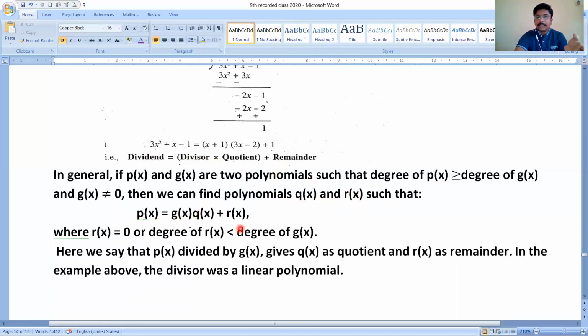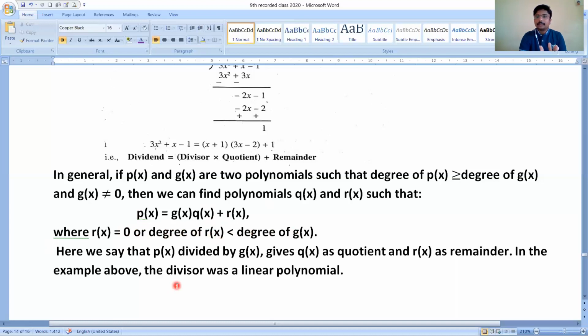Now we are writing it in terms of p of x is equal to g of x into q of x plus r of x. Here the condition is that r of x is equal to 0, or the degree of the remainder is less than the degree of the divisor, that is g of x.